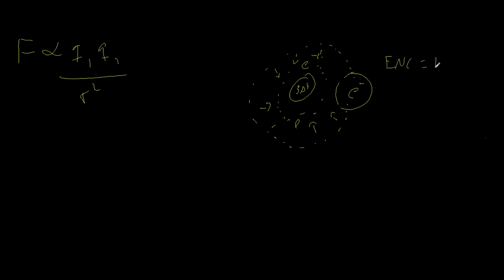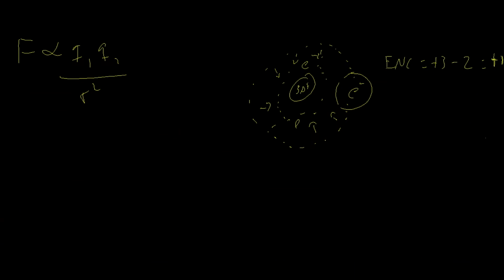We have 3 protons, and effective nuclear charge is always calculated as follows. 3 protons, so a positive 3 value, minus 2 for the 2 electrons that are along the inside. And this gives you a plus 1. My effective nuclear charge is plus 1. Shielding refers to this effect of these electrons canceling out that positive 3 charge.